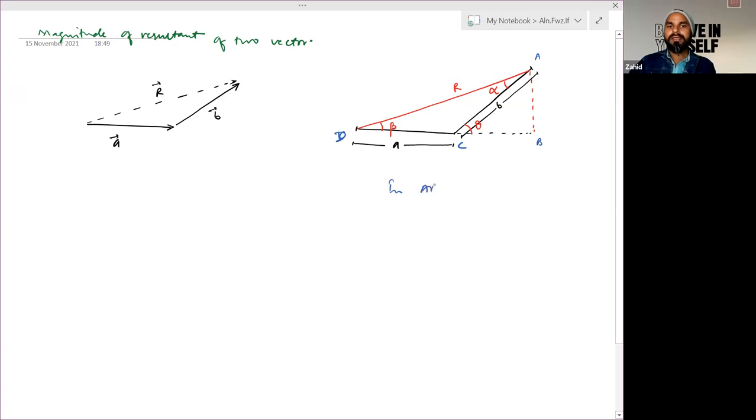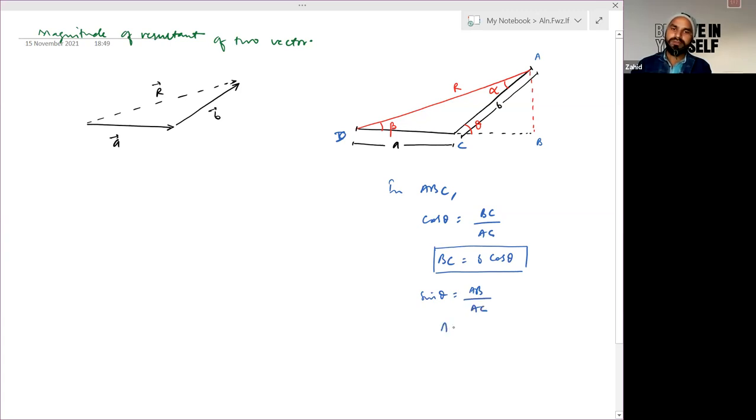In triangle ABC, cos theta equals base over hypotenuse, so it will be BC over AC. AC is B, so BC equals B times cos theta. Similarly, sine theta is perpendicular over hypotenuse, so AB equals B times sine theta.